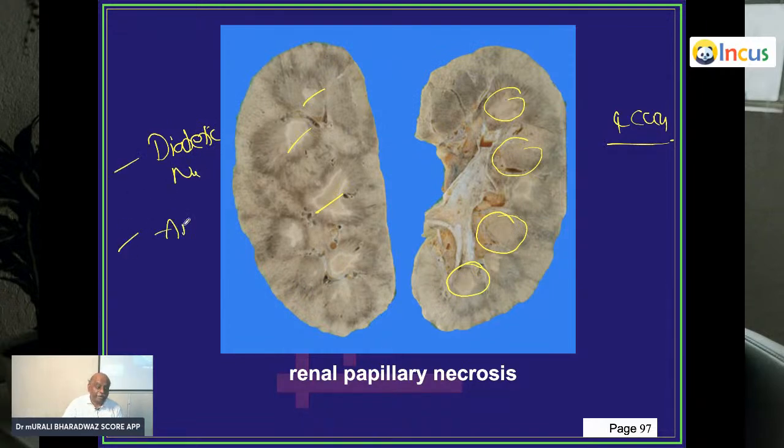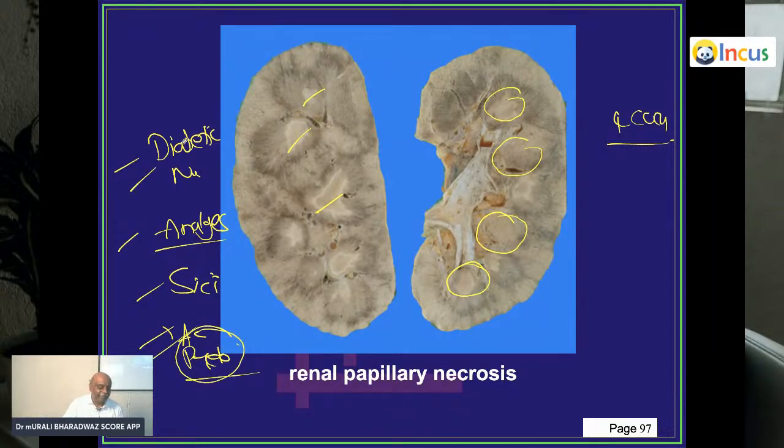Number 2, analgesic nephropathy, if you are taking NSAIDs. 3rd, sickle cell anemia. 4th, acute pyelonephritis. Diabetic nephropathy, analgesic nephropathy, sickle cell, acute pyelonephritis. Favorite MCQ. You go to INICET, anywhere, the same question will be asked.